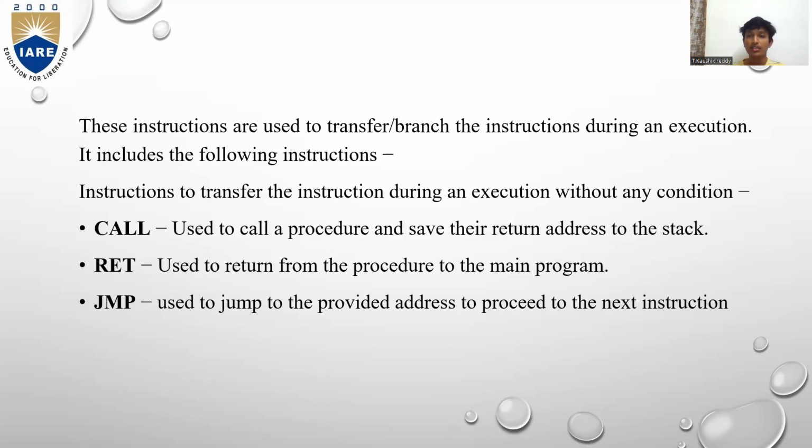These are the instructions for transfer or branch of instructions during execution, including CALL, RET, and JMP. CALL is used to call a procedure, saving the return address to the stack, and RET is used to return from the procedure to the main program. JMP is used to jump to the provided address to proceed to the next instruction.